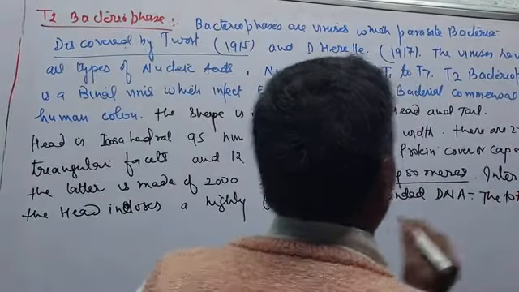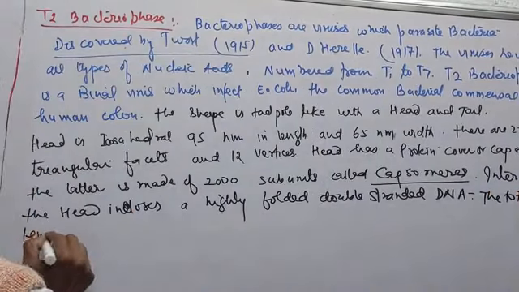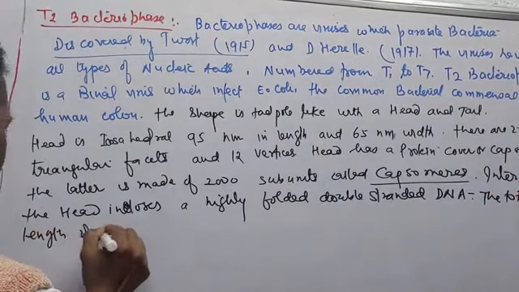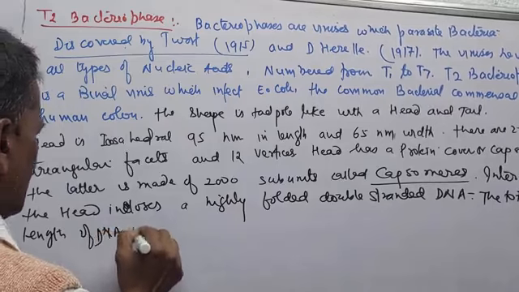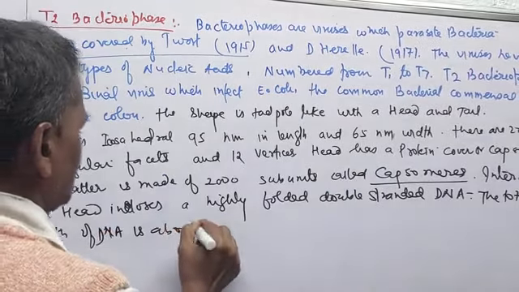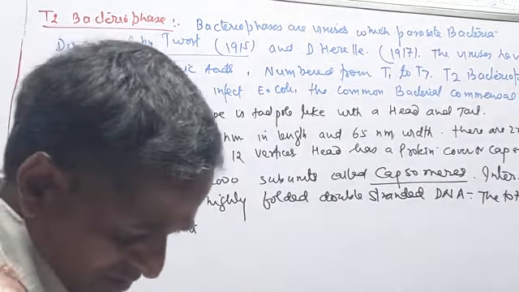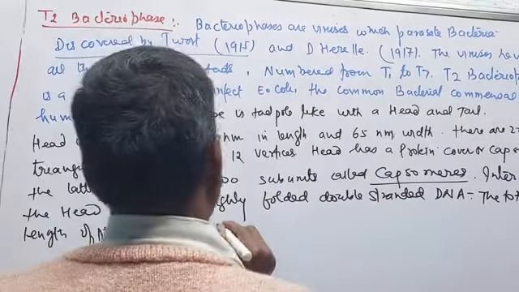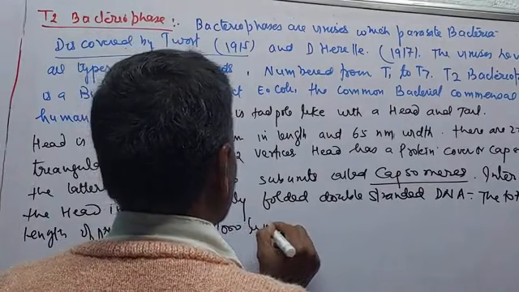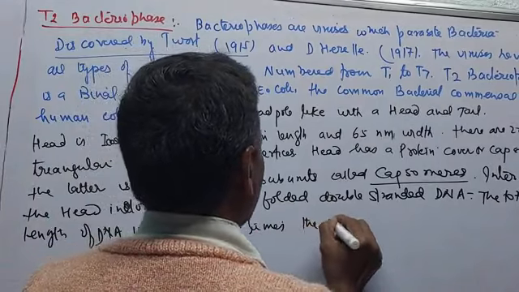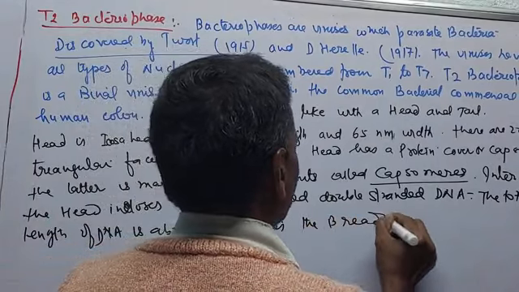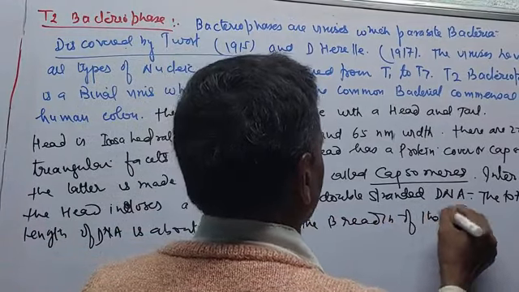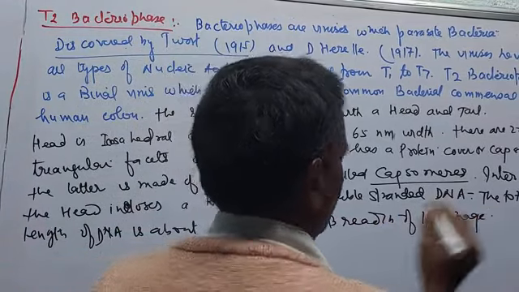The total length of the DNA is about 1000 times the breadth of the page.